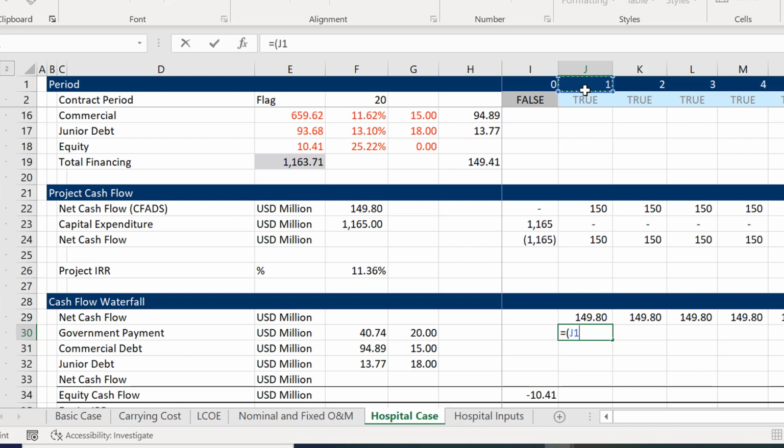So we take this one is less than or equal to the 20, and we multiply that one times this number.